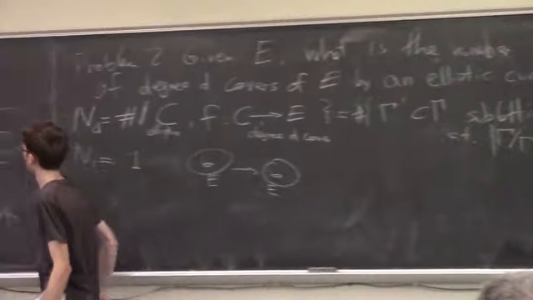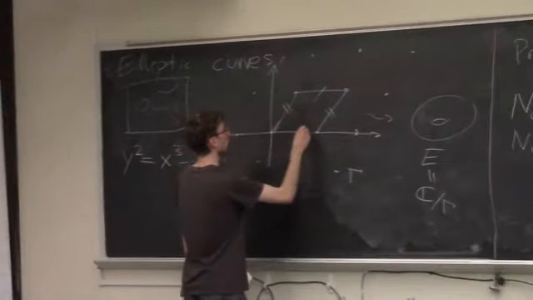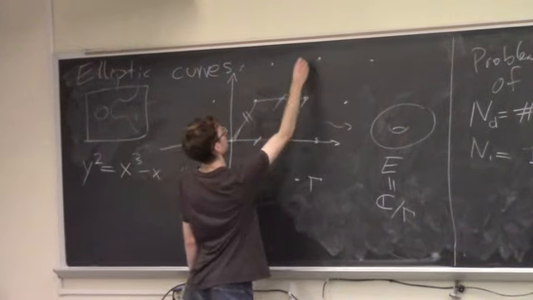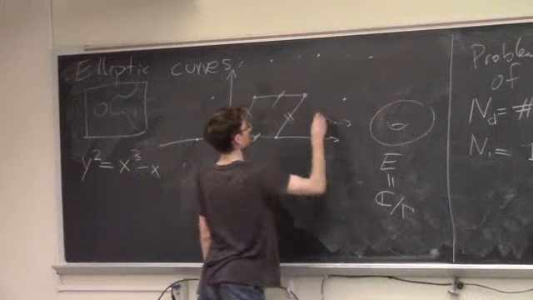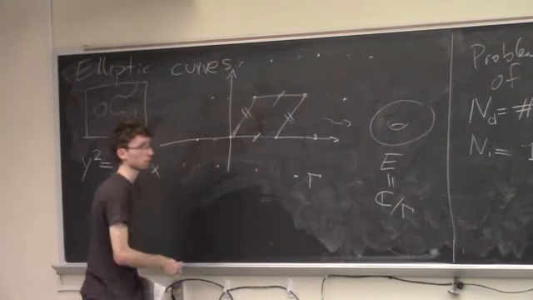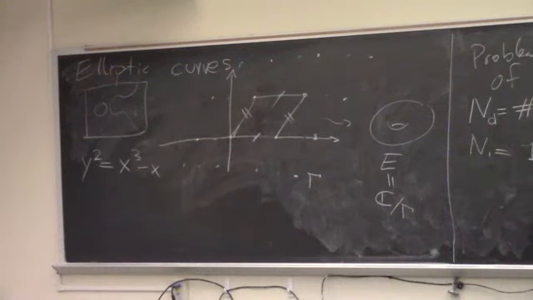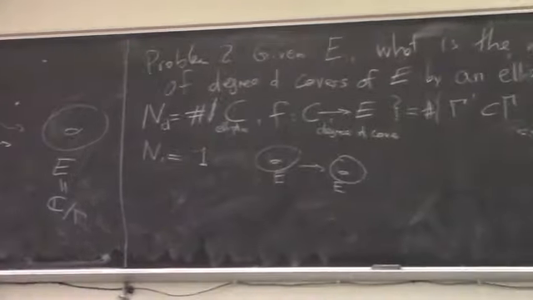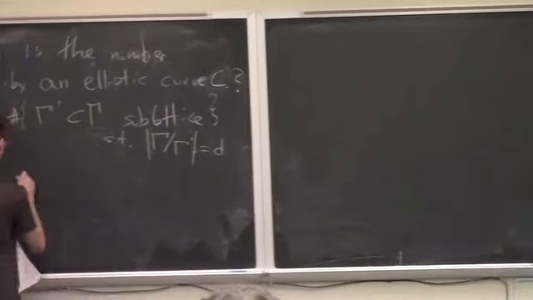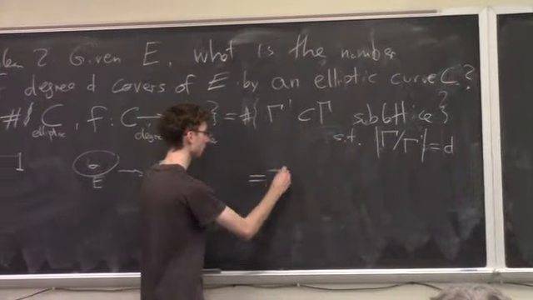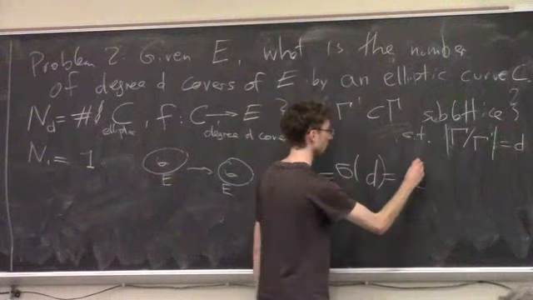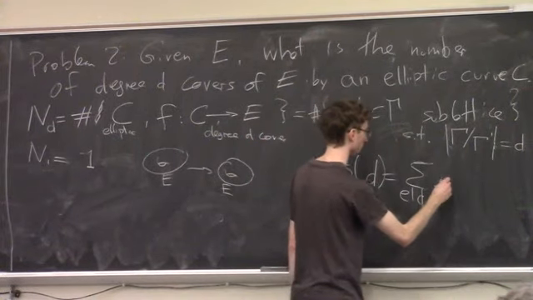For example, if you wanted a degree 2 sublattice, we could add in all these points to the lattice and get a sublattice. But anyway, my point is there's a concrete formula for this number of sublattices, and it's just the divisor function of d, which is the sum of divisors of d.